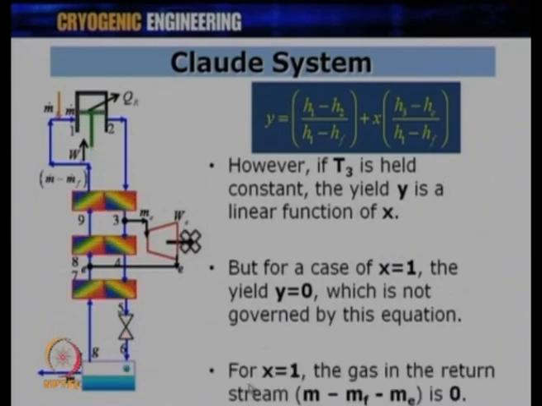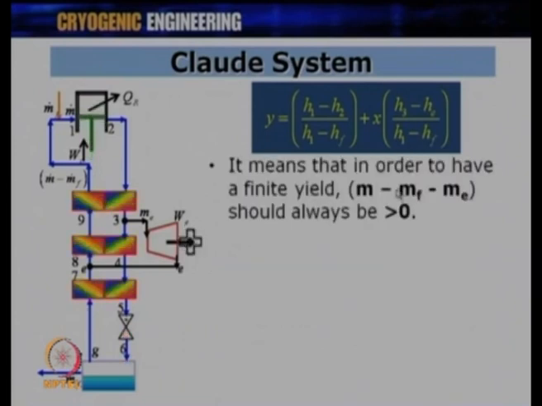All right. So, what happens when x is equal to 1? The gas in the return stream, which is m minus mf minus me, is equal to 0 actually. The gas which comes over here is also equal to 0 basically. So, if we want the heat exchanger to function, that means there should be a return stream. You have an onward stream and you should have a return stream also, and in order that the return stream is a finite value, your m minus mf minus me should not be equal to 0, right.